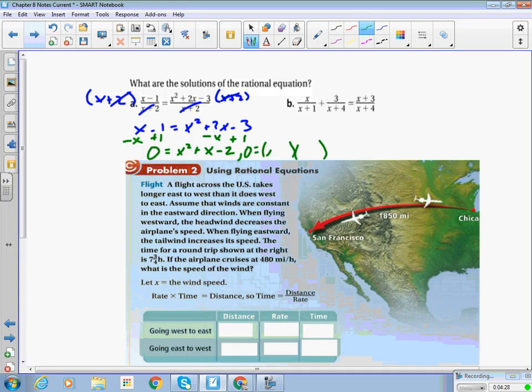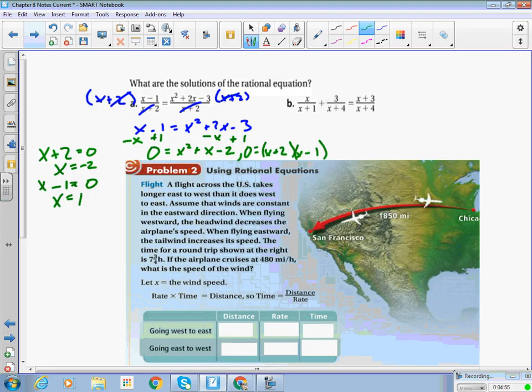Which two terms multiply to give you negative 2 and add to give you 1? We need a positive 2 and a negative 1. We take those two factors, x plus 2 and x minus 1, and set each one equal to 0. We find that our two solutions are x equals negative 2 and x equals 1.